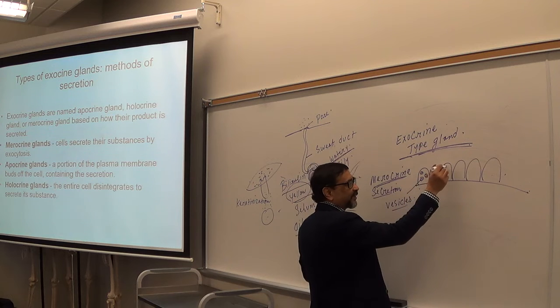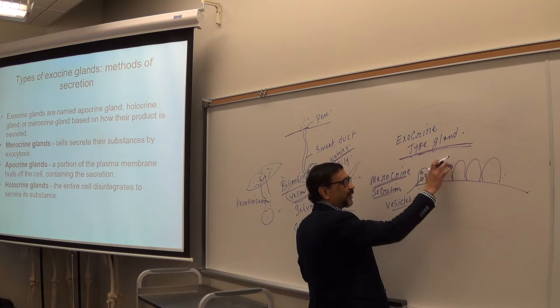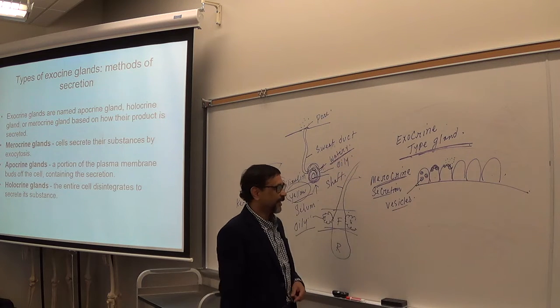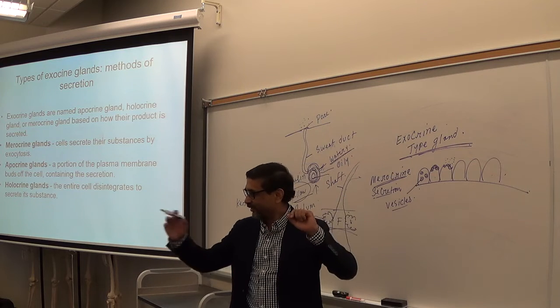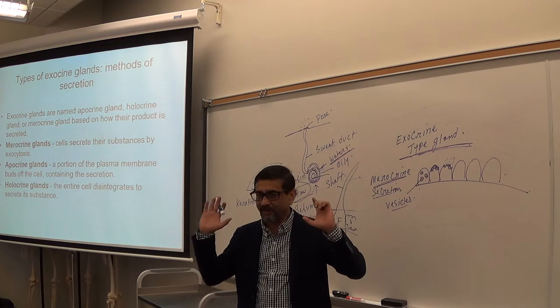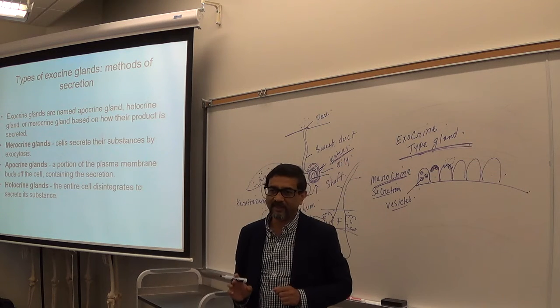And then what happens next? These cells rupture. Exocytosis. Rupture of these cells releases the chemicals. Okay? So that is called merocrine type secretion. This type of secretion is called what? Merocrine secretion.